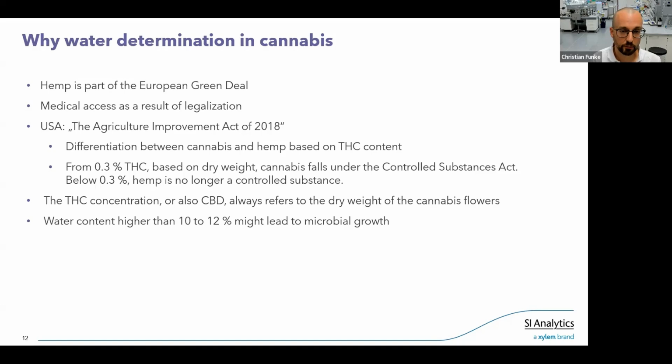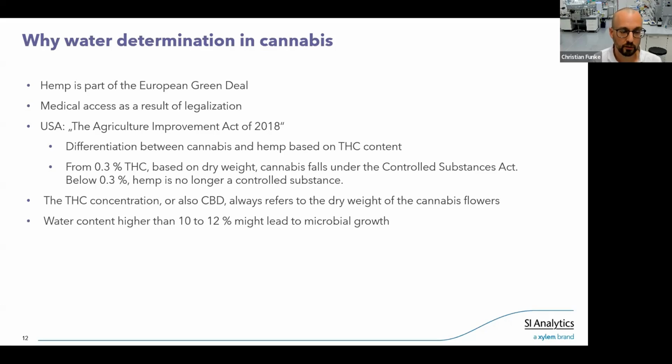And this is important because a concentration above 0.3% THC would mean that the cannabis falls under the Controlled Substances Act. Below it, it is treated as hemp, and then it's no longer a controlled substance.